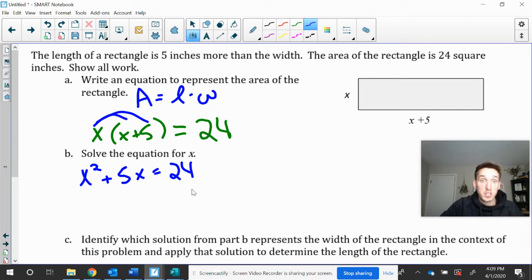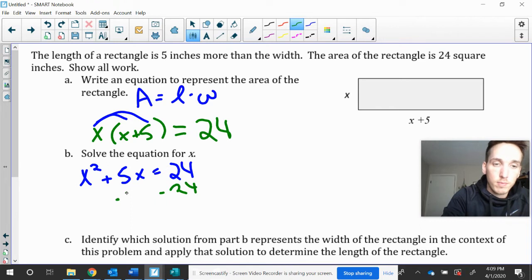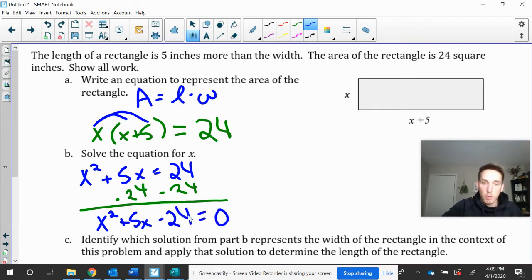It's looking almost like standard form. The only issue is I've got to get everything to one side so that it equals 0 before I solve this. So I've got x squared plus 5x minus 24 equals 0. Now this is in standard form and it equals 0.